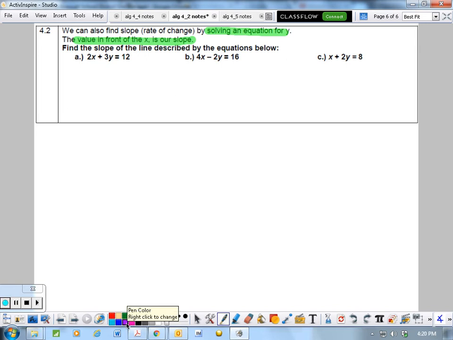So here, I have 2x plus 3y equals 12, and what I want to do is solve for y. So I want y by itself. So the first thing I do is I move that x. So now I'm going to have 3y equals negative 2x plus 12. I'm now going to divide everything by 3 because I want to get rid of that 3 in front of y.